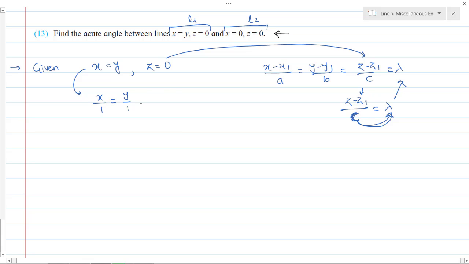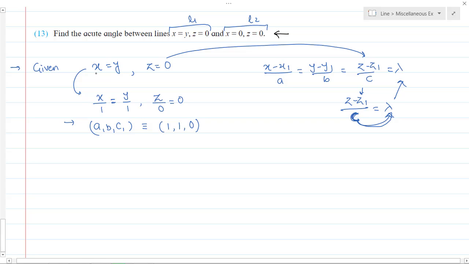So what I can write is z by 0 equals 0 for only the third part. So what are the direction ratios of the first line? a1, b1, c1 become 1, 1, 0, only because of this z equals 0.